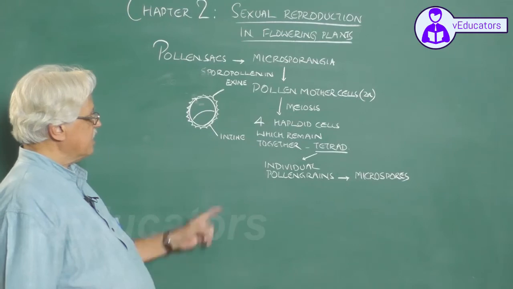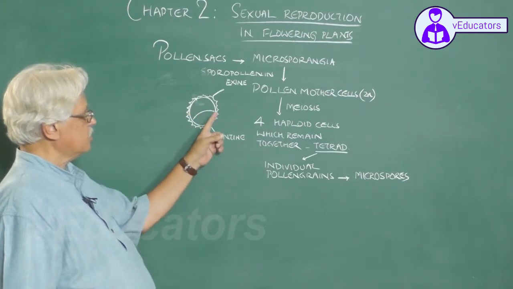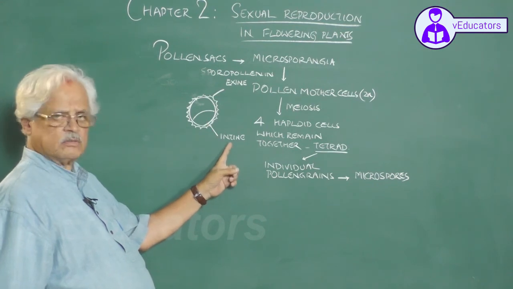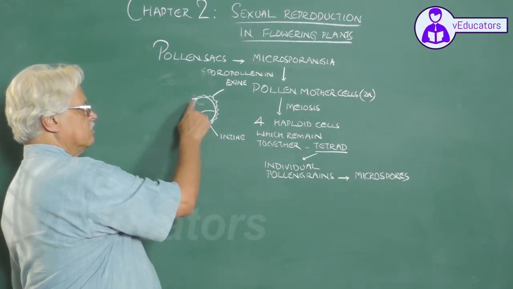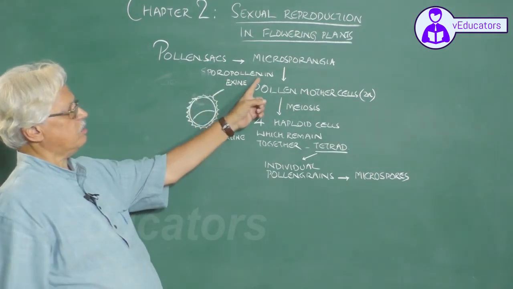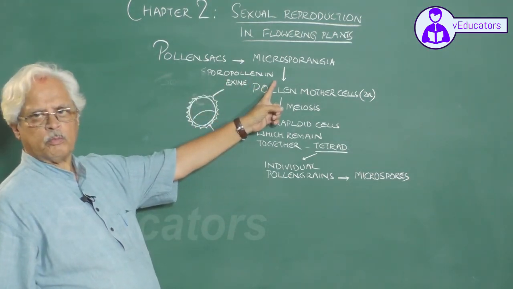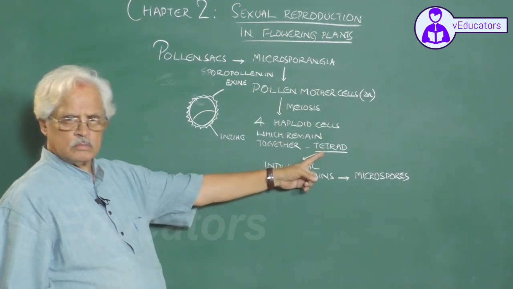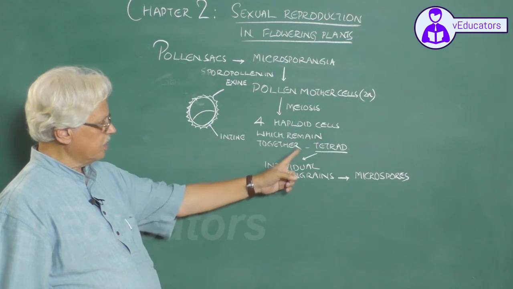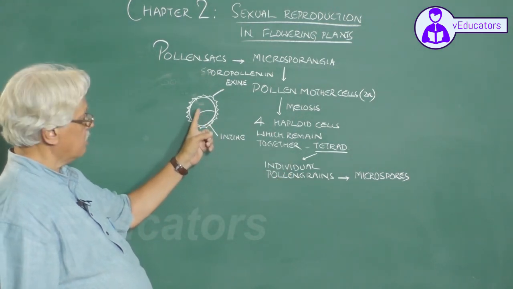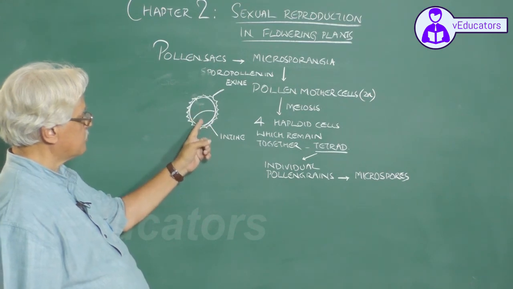At the time of its release, the pollen grain has a 2-layered wall, outer exine, inner intine. Exine is spiny in appearance and it contains the chemical sporopollenin. The haploid cell in the pollen grain divides mitotically and produces 2 cells.